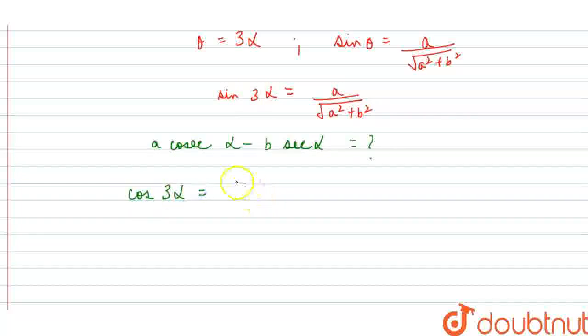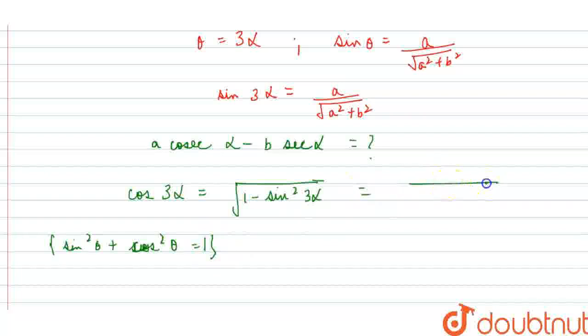I can find that by under root of 1 minus sine square 3 alpha. This is derived from the basic identity, that is sine square theta plus cos square theta is equal to 1. From here I get under root of 1 minus a upon under root of a square plus b square, squared.